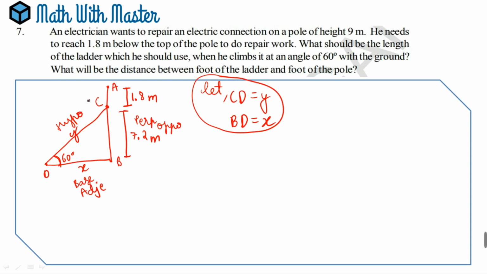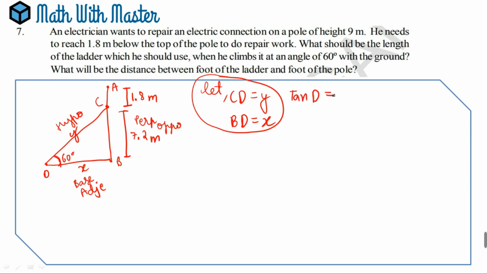So first we will find X, the distance between the foot of the ladder and the foot of the pole. To find this, we should use a trigonometric ratio according to the values and what we need. We have the value of perpendicular and we need the value of base, so we will apply tan theta over here.